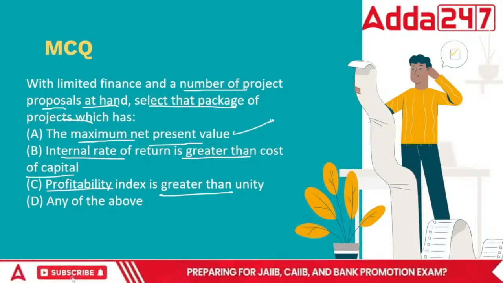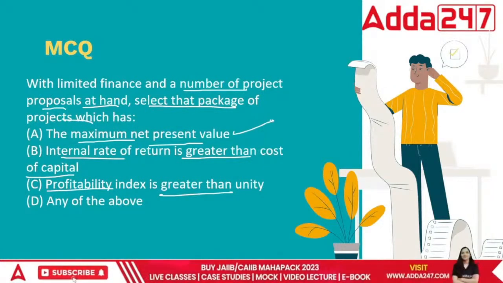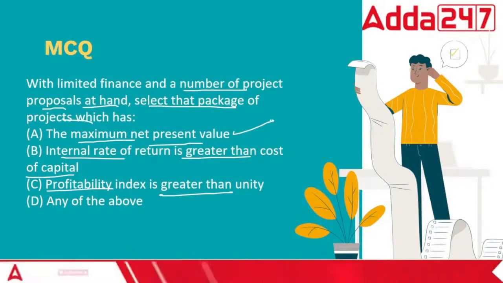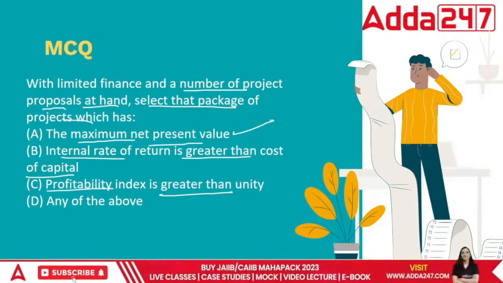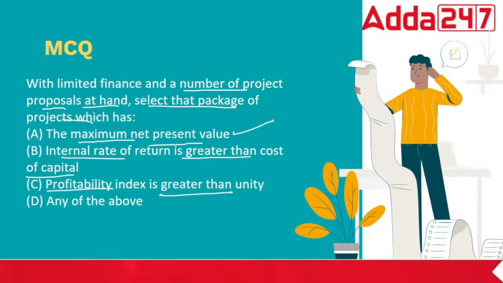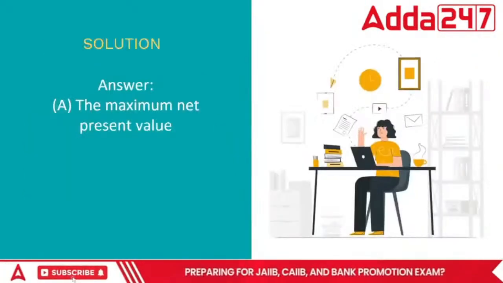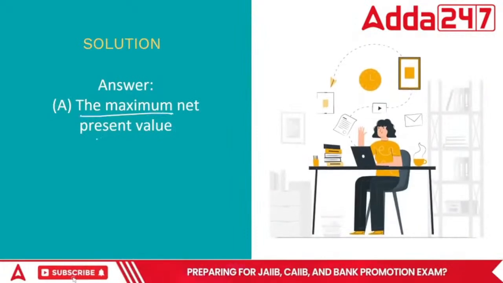So if I look at the answer now, the correct answer would be the maximum NPV. The answer would be the maximum net present value.